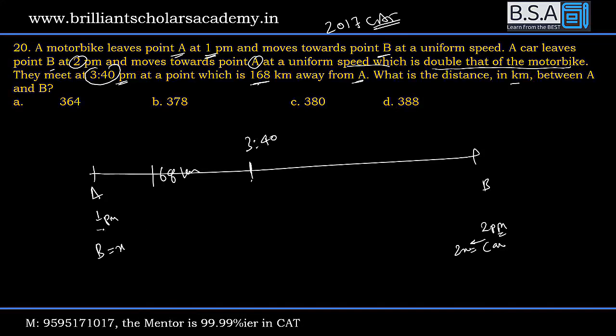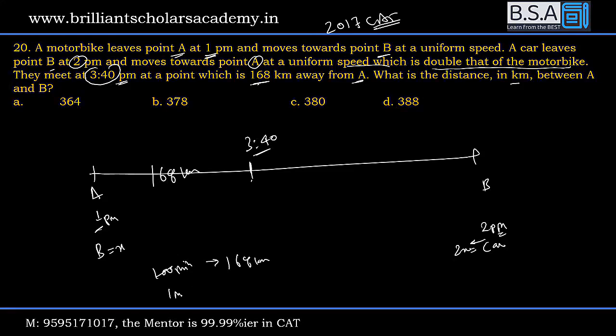So from 1 o'clock to 3:40. See, I'll prefer to convert this into minutes क्योंकि decimal आ जाएगा नहीं तो. From 1 o'clock to 2 o'clock, 60 minutes. 2 o'clock to 3 o'clock, 60 minutes plus 40. So 100 minutes have passed. In 100 minutes, how much distance has been traveled? 168 kilometers. So that gives me idea.